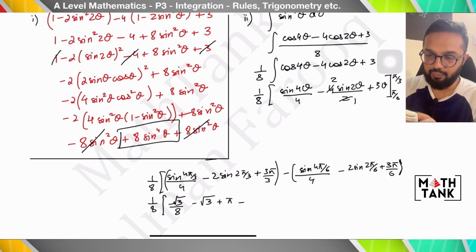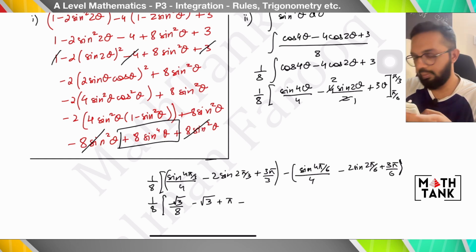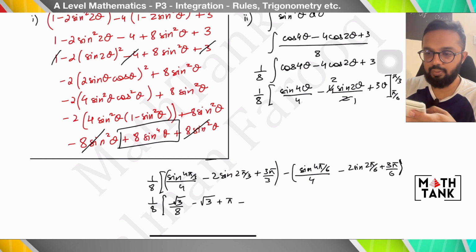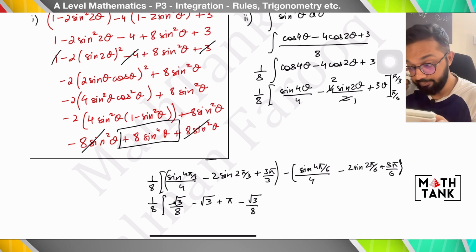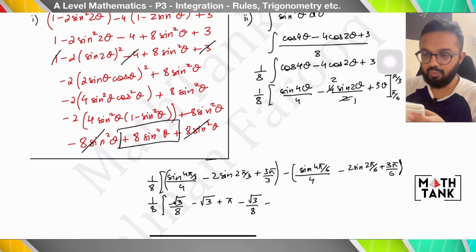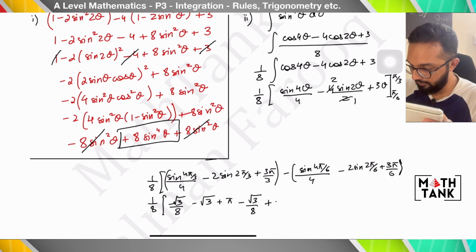Then I have root 3 over 8, 2 pi over 6. So that's root 3, and that's going to be plus root 3 and plus pi over 2 minus pi over 2.